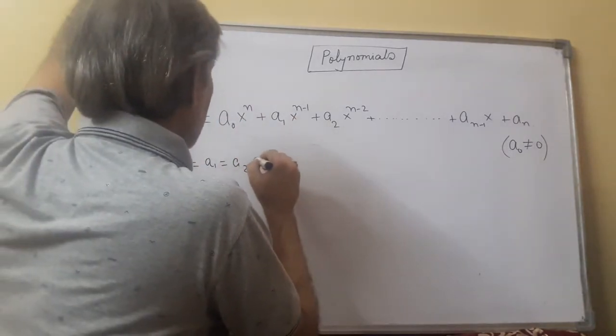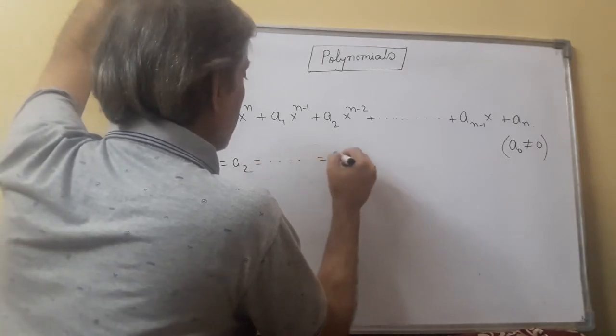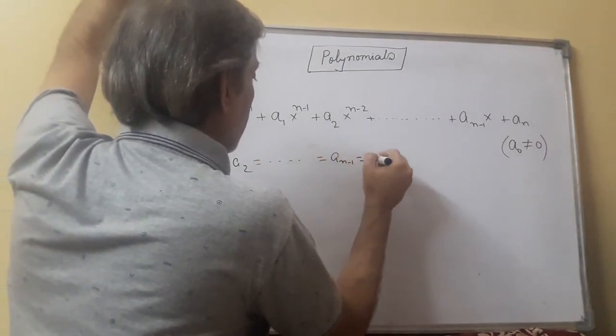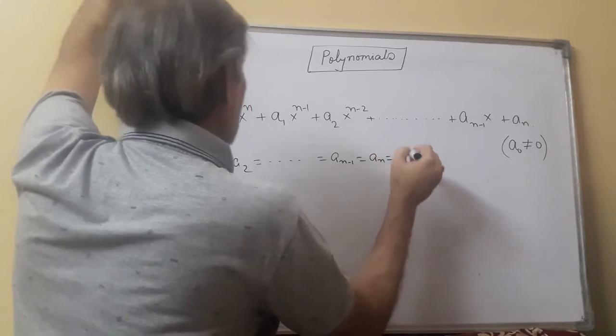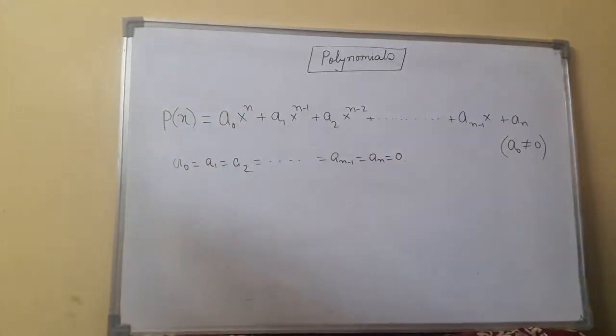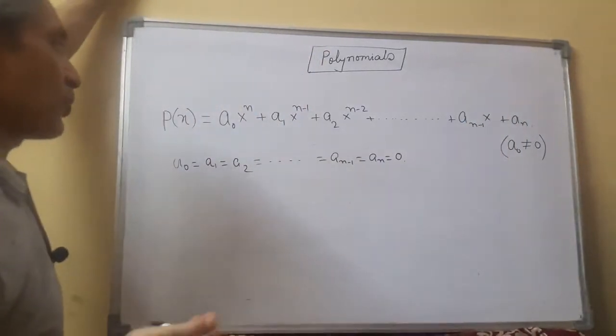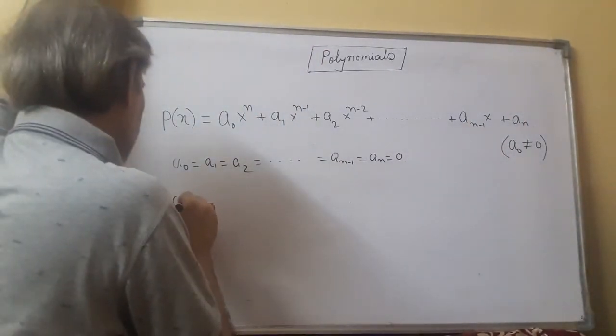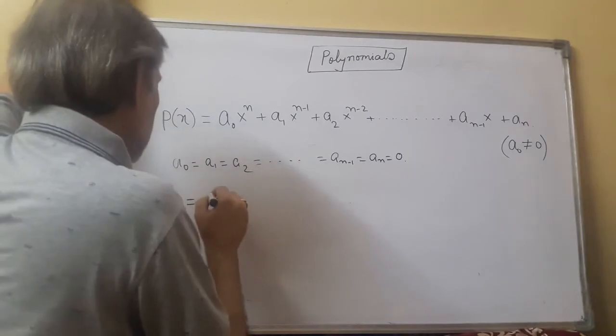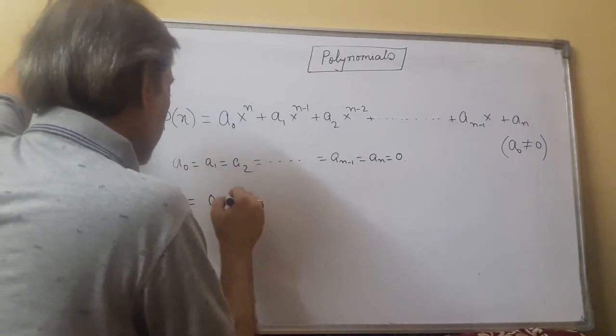Let's say all these coefficients equal 0. Then what will happen? This whole thing becomes 0 and we get a zero polynomial. It simply means 0 can be written as 0 into x raised to the power 0.